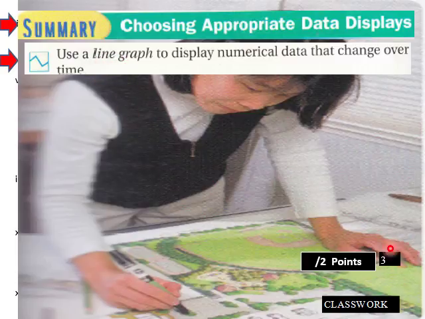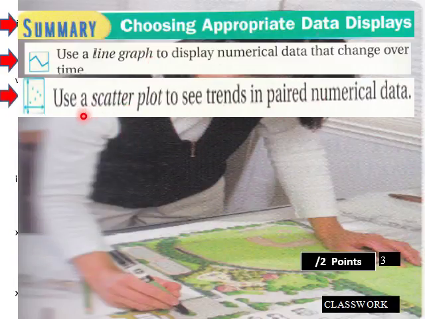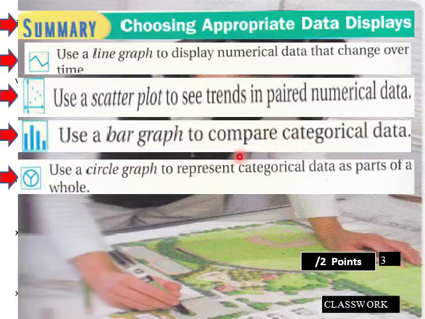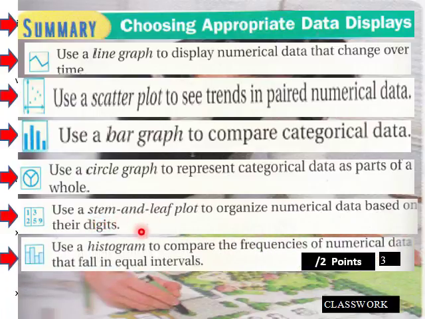In this classwork, page 3, use a line graph to display numerical data that change over time. Use a scatter plot to see trends, a bar graph to compare categorical data, a circle graph to represent categorical data as parts of a whole, a stem and leaf to organize numerical data based on their digits, and a histogram to compare frequencies of numerical data that fall in equal intervals.